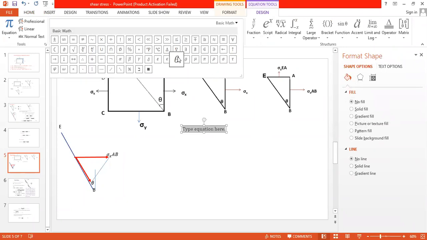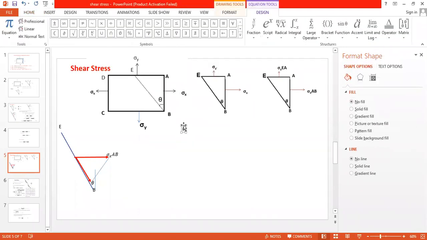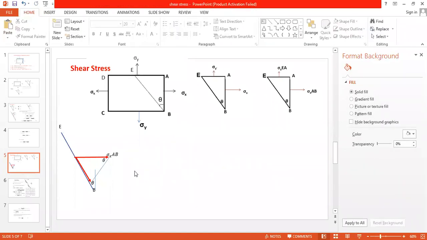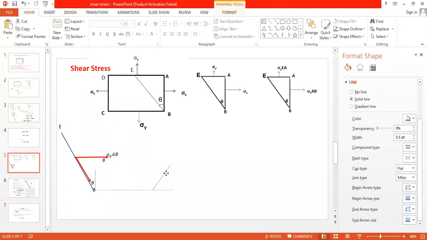Where is theta? This angle is theta. Am I right? Do you agree this angle is theta? Do you have any problem with this theta? You see this. This line is perpendicular to this plane. Am I right?